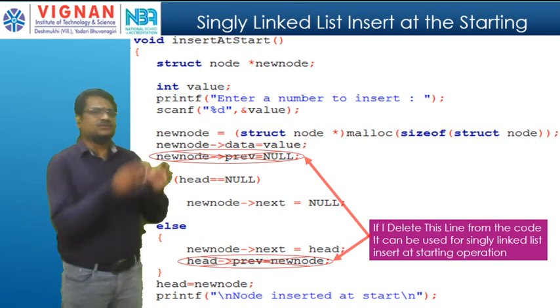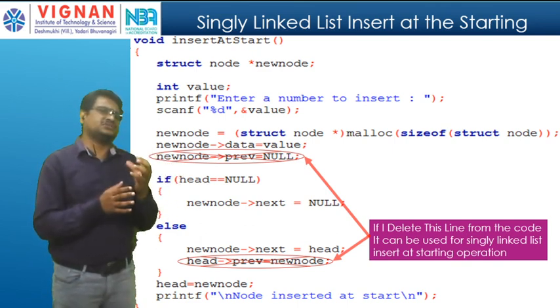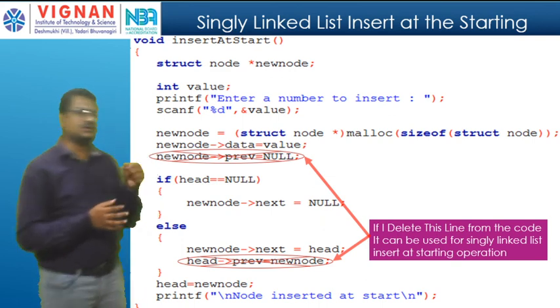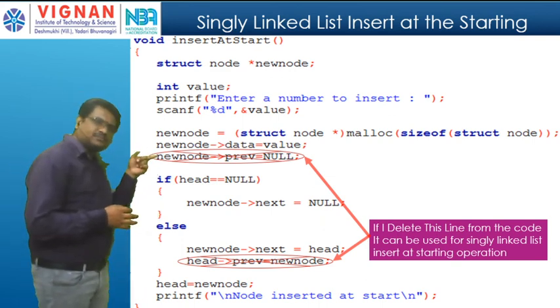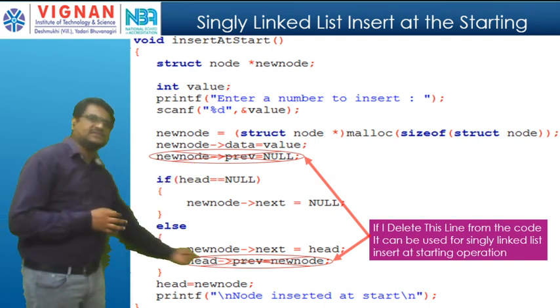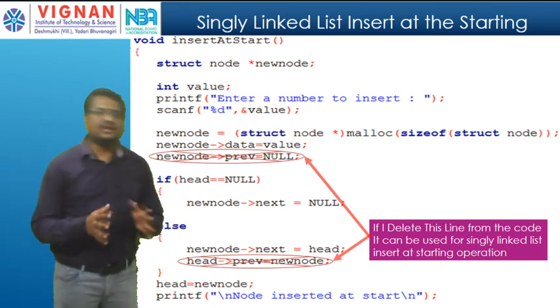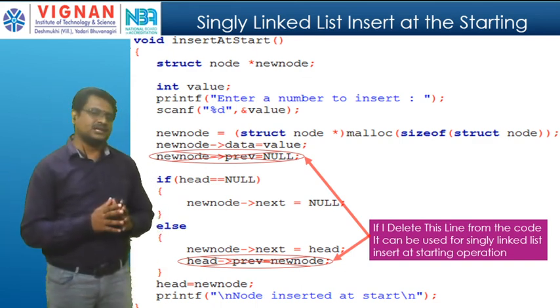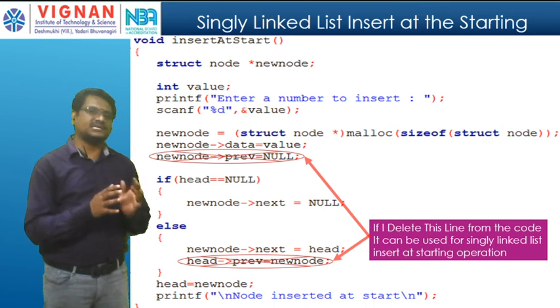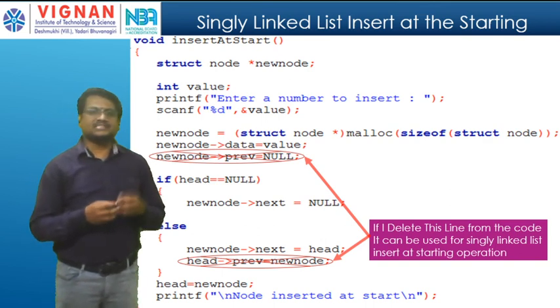See, the only difference between double linked list and single linked list is single linked list doesn't store the previous address. So if I delete new node previous element as null and head previous element as new node, if I delete these two lines, then it automatically becomes a program for single linked list, how we are inserting a data at the starting.